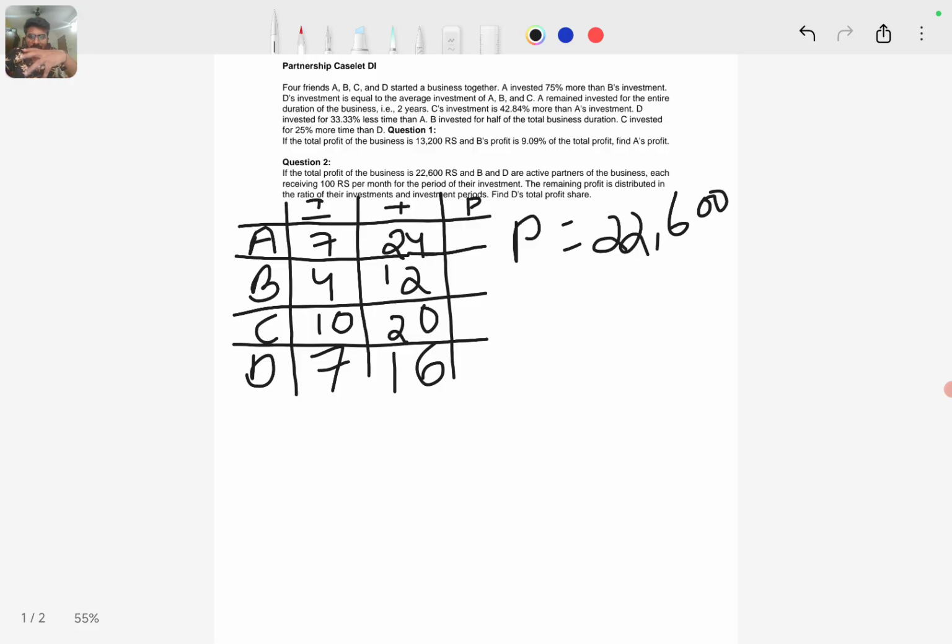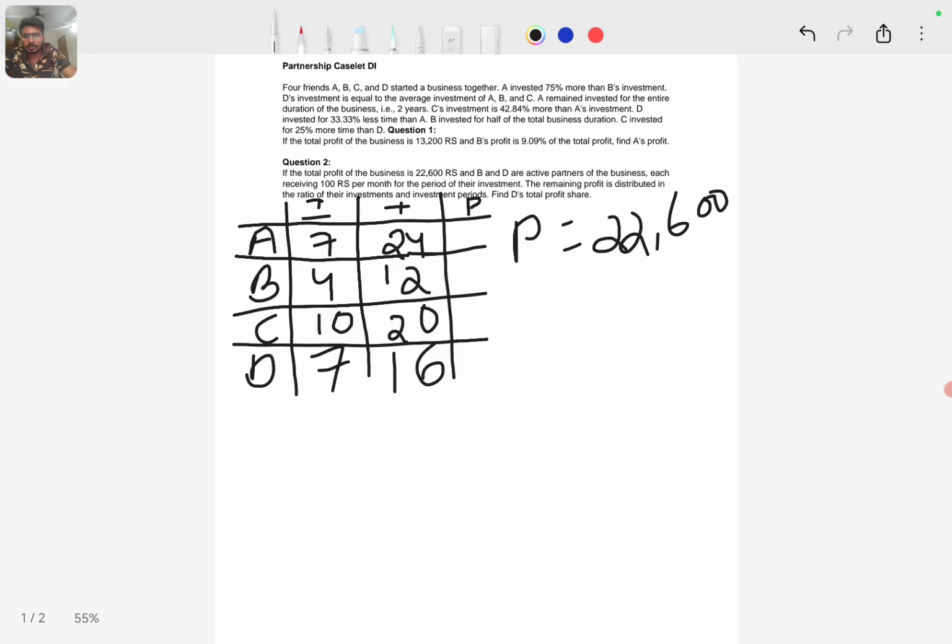In this question I have included the active and sleeping partner concept of partnership. B and D are active partners, each receiving 100 rupees per month for the period of their investment.